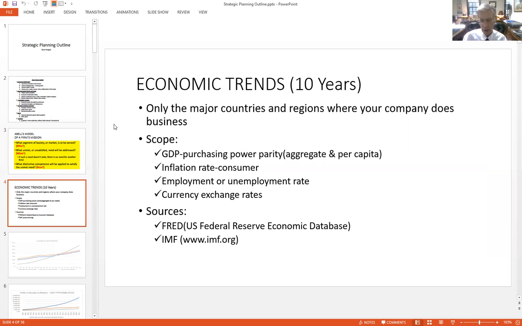So this takes us then to economic trends. You need to develop economic trends in the major countries, not all of them. One of my teams recently worked on PepsiCo. PepsiCo is in more than 70 countries. You don't have time enough to analyze 70 countries, but there are a few big ones.